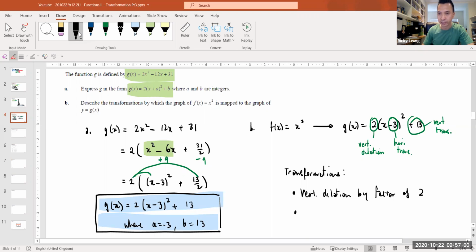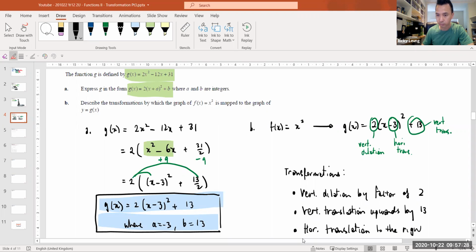by a factor of 2. Then vertical translation, and that is plus 13, so upwards by 13. Last but not least, horizontal translation. Now that's minus 3, which is to the right by 3.